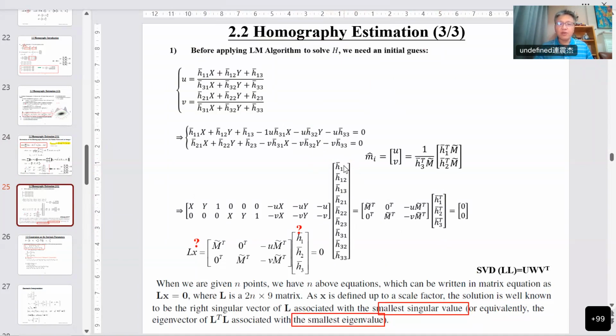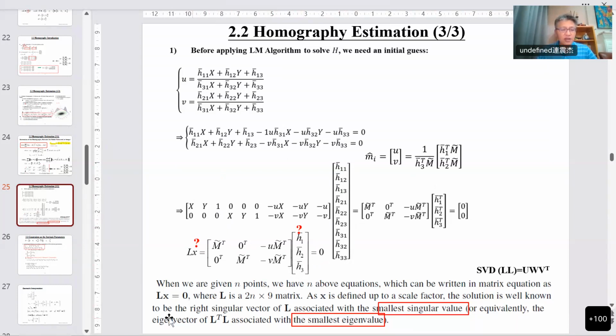So it goes from a 3x3 matrix to 9x1. And this input, M, is 3D, X, Y, 1. And this is a 2D times 3D. So in total the format is L x equal to 0. So this will be the closed form solution, so we use the closed form solution to solve it.